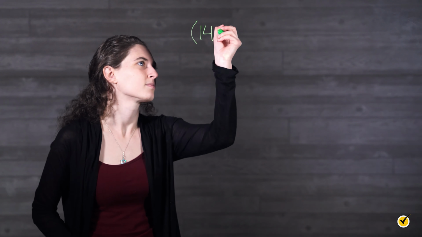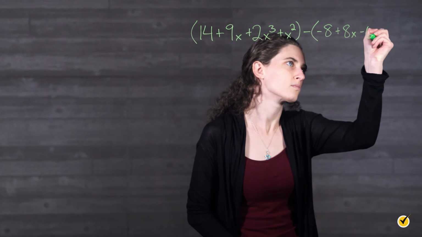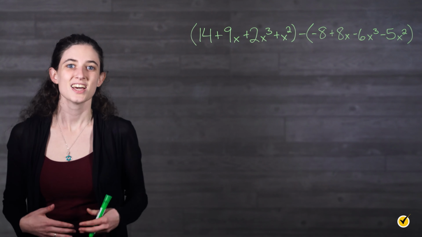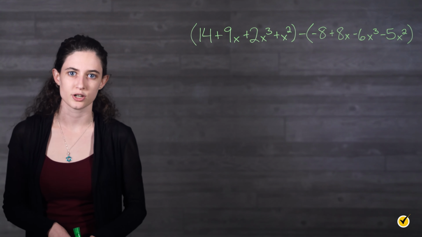Let's try one more. Pause the video and see if you can subtract these two polynomials. Think you got it? Let's take a look. First, let's combine the like terms.